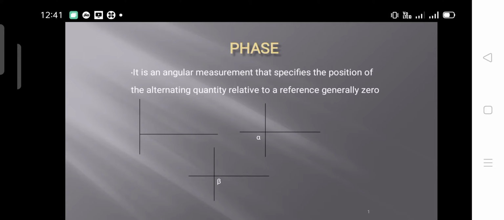Here, let me consider three waveforms originating at different intervals of theta. The first one is represented with blue. It starts from the origin, theta is equal to 0 position, and the equation for this waveform is given as V is equal to Vm sin theta.